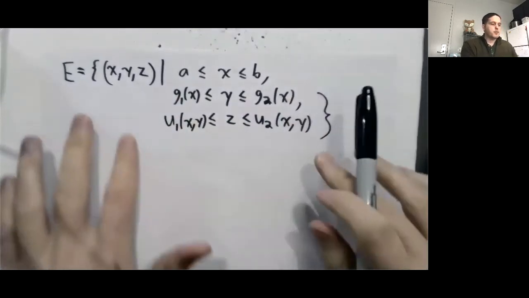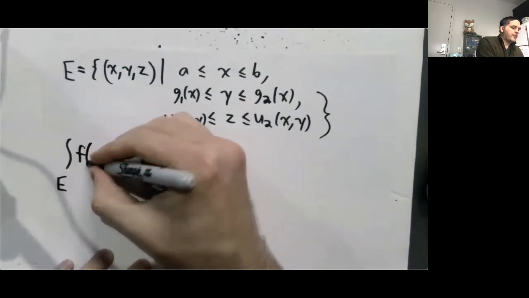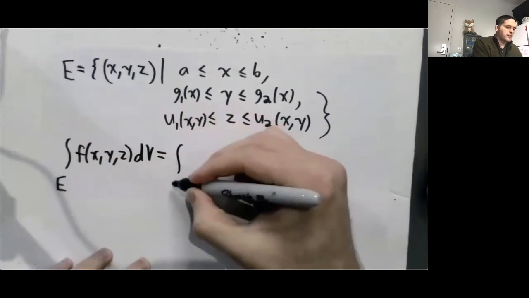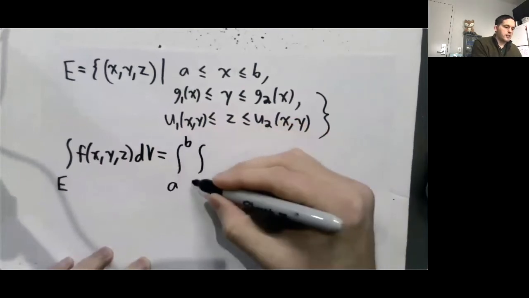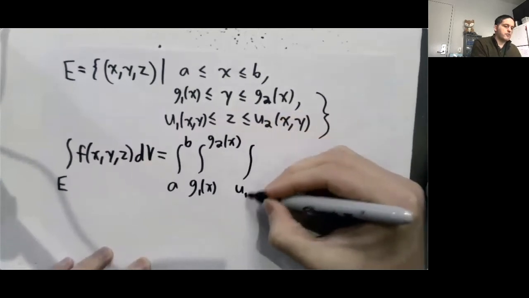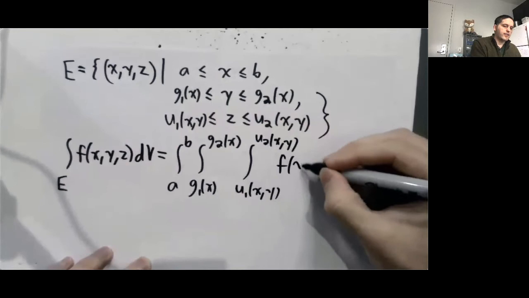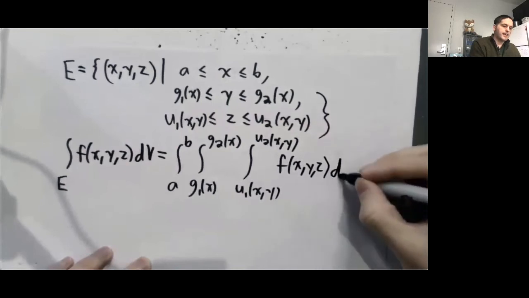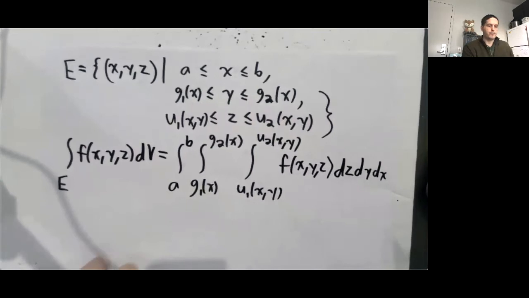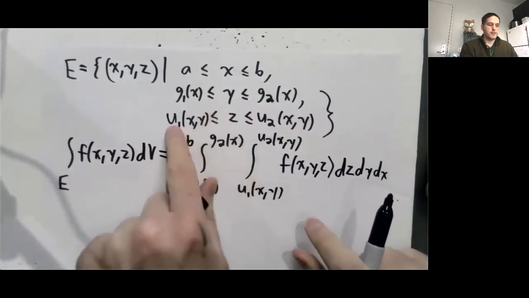So if you can express E like this, then the integral over E of f of x, y, z dV is equal to the integral from a to b of the integral from g1 of x to g2 of x of the integral from u1 of x, y to u2 of x, y of f of x, y, z dz dy dx.